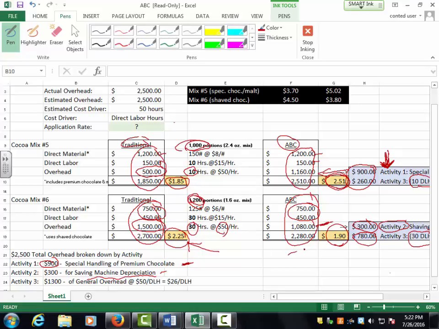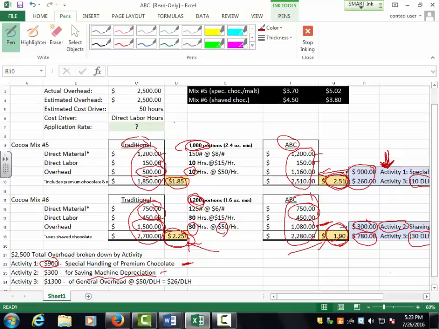If we use activity-based costing and say that recipe 6 only has to pay for the cost that it incurred, the per portion cost is only $1.90 instead of $2.25.